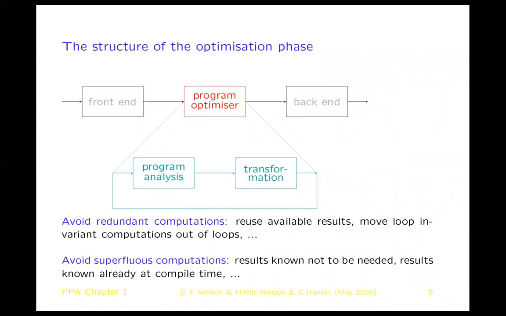So if you look at the optimizer module of a compiler, it consists of a series of analysis and transformation passes. In order to do a certain kind of transformation on the intermediate representation, you have to do a certain kind of program analysis.